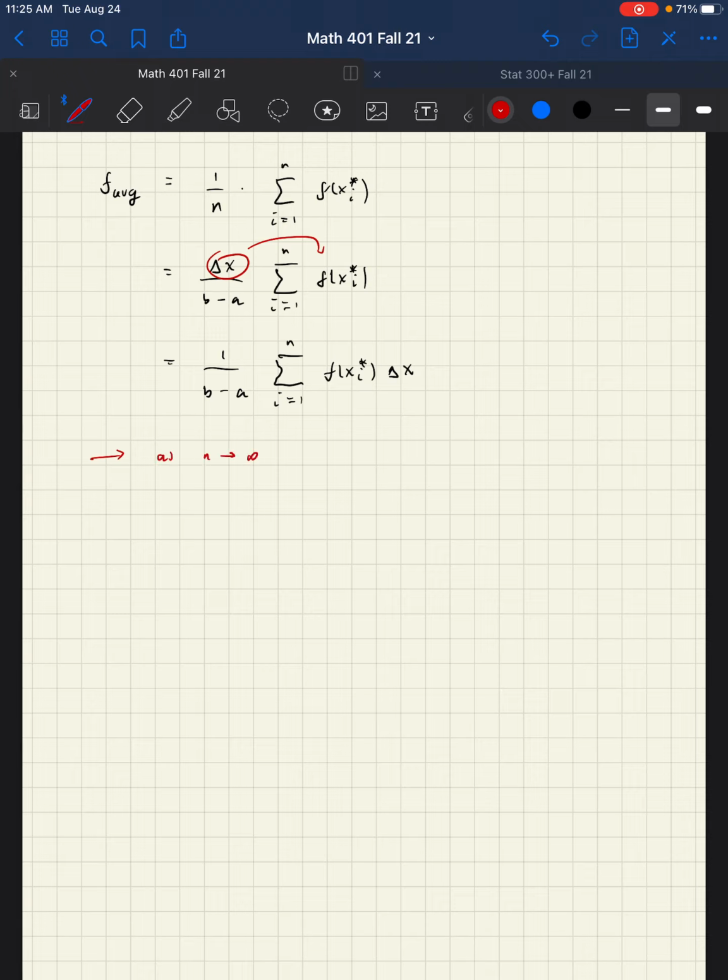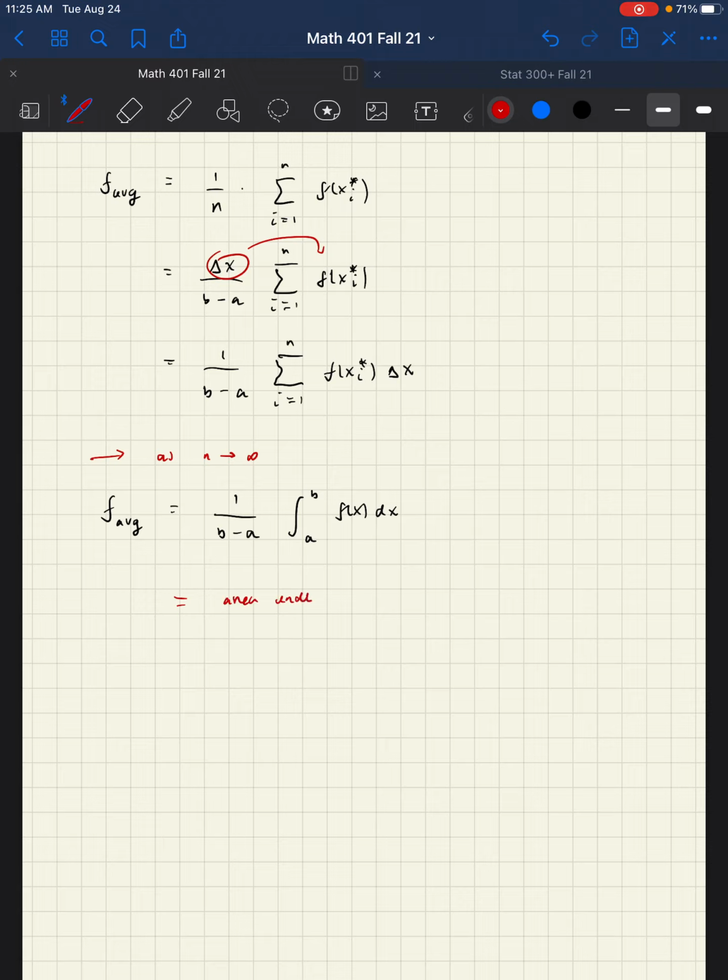But should this look familiar to you? I think it should be, because in the limit, as n approaches infinity, formally now, the average value of this function is going to be 1 over b minus a times the integral from a to b of f of x dx.